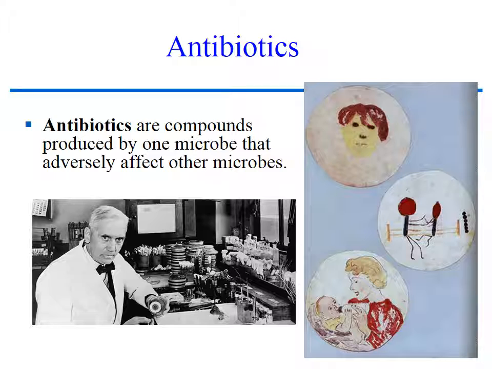Fleming here, who is pictured, was known actually as an artist, not only as a doctor, but he used microbes to paint with. As you know in lab, one of the characteristics of colony morphology is pigments.